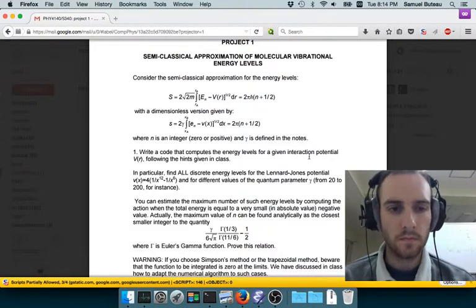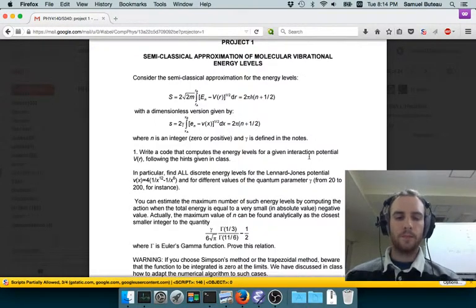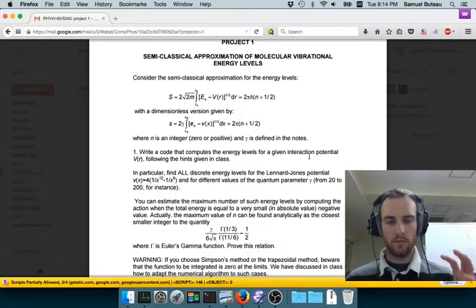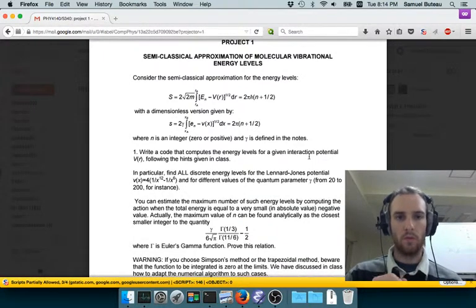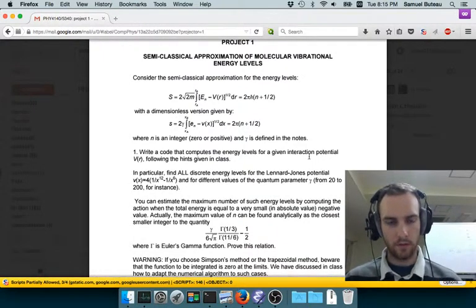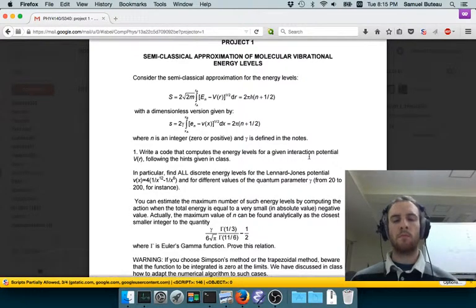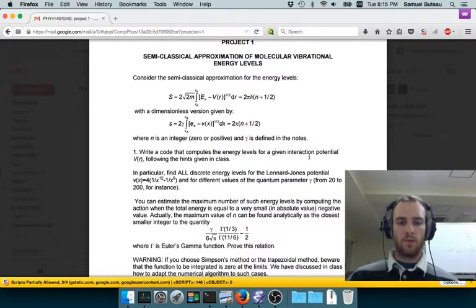Once you build the framework to find the roots of the function that integrates with the boundaries being the roots of another function, once you can compute that, then you have to find all of the energy levels for different values of the quantum parameter gamma.